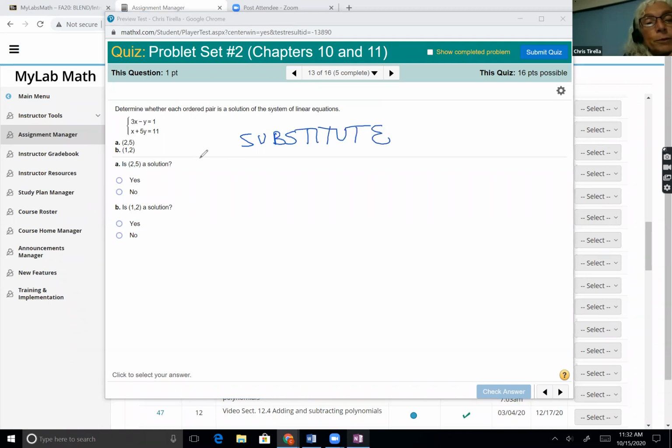So first one, we've got x equals 2 and y equals 5. So does 3 times 2 minus 5, substituting into the first equation, equal 1? Does 6 minus 5 equal 1? That checks. But we also have to check in the other equation, x plus 5y equals 11.